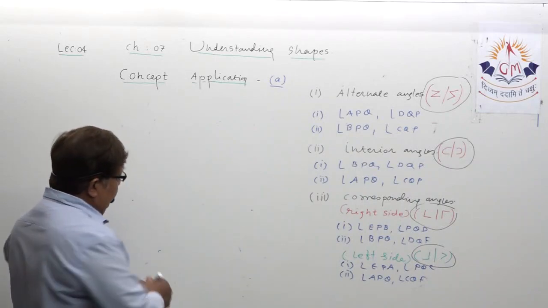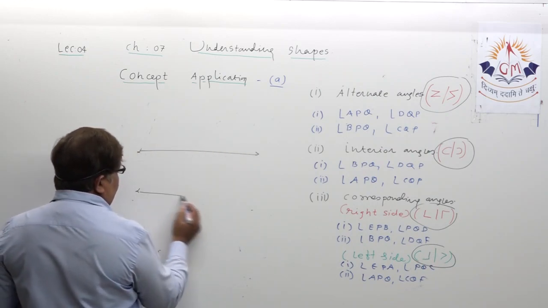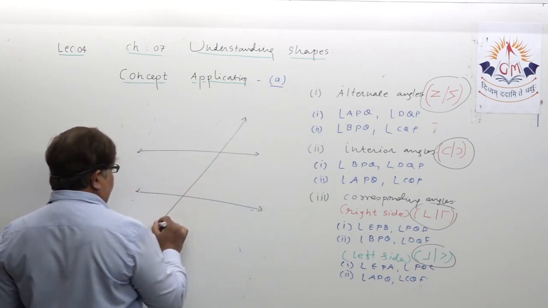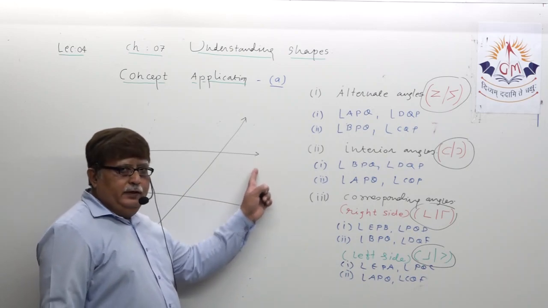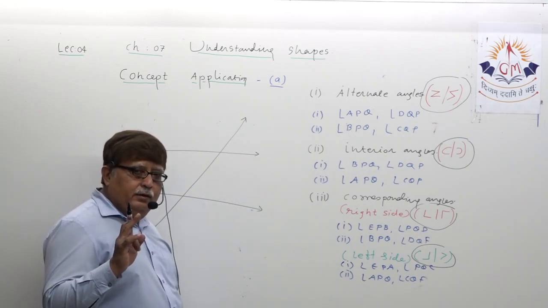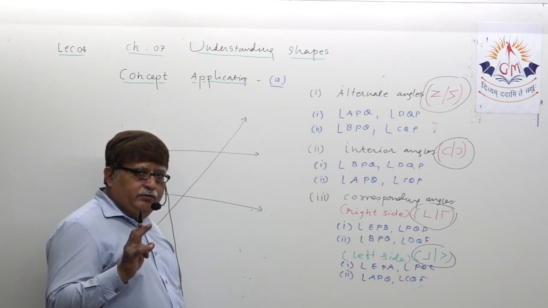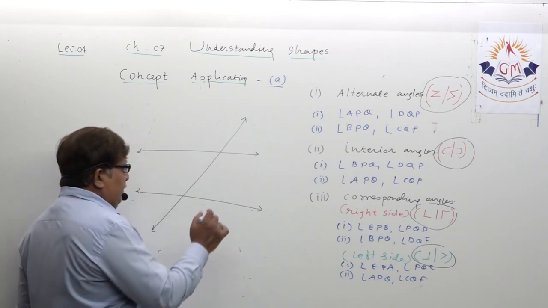Suppose we have drawn such a diagram, one line, another line, and a transversal this way. At that time, if you can remember, I utilized one particular word, that these two are coplanar lines. I never used the word parallel line.